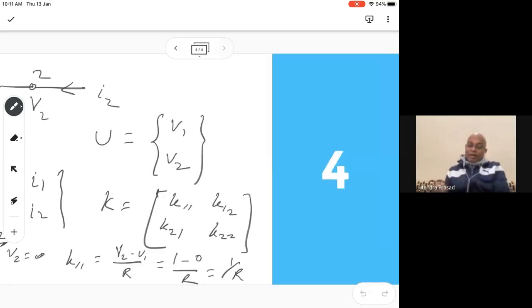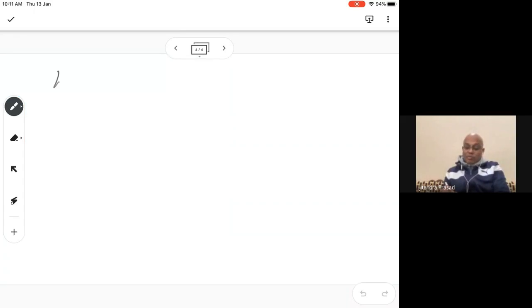Now we have to find out K12. In the same situation, you have a current flowing here, equal to 1 over R, with potential V1 equal to 1 and V2 equal to 0.